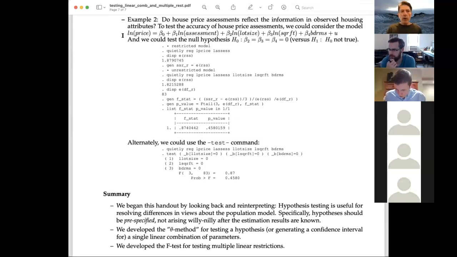And so we have in this model a test of the efficiency of assessments.